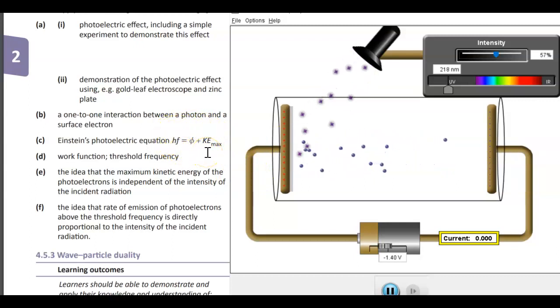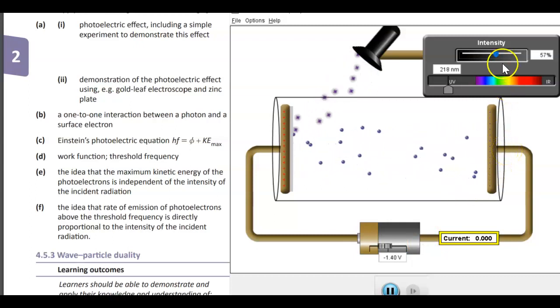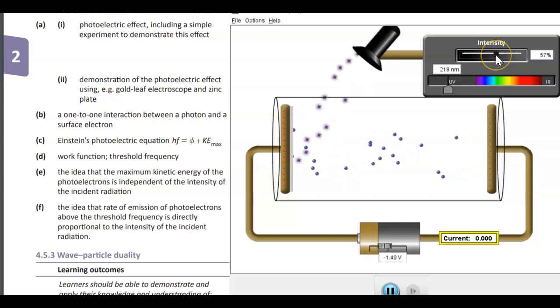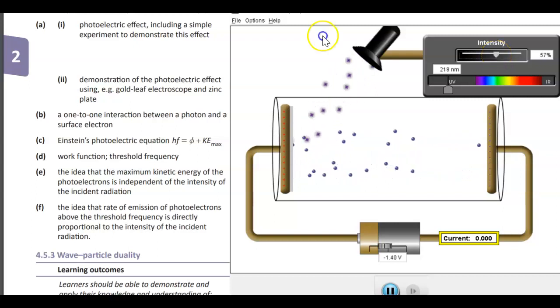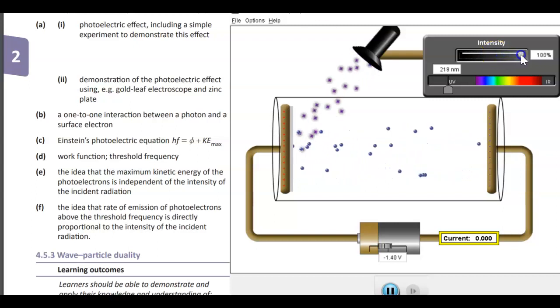So that's one way in which the kinetic energy was measured and how it was then used to verify this equation and confirm it. Part E of the specification says the idea that the maximum kinetic energy of the photoelectrons is independent of the intensity. So we know that we're requiring 1.4 volts to just stop the fastest electrons. Let's see what happens if we increase the intensity to 100%, so almost doubling it here.